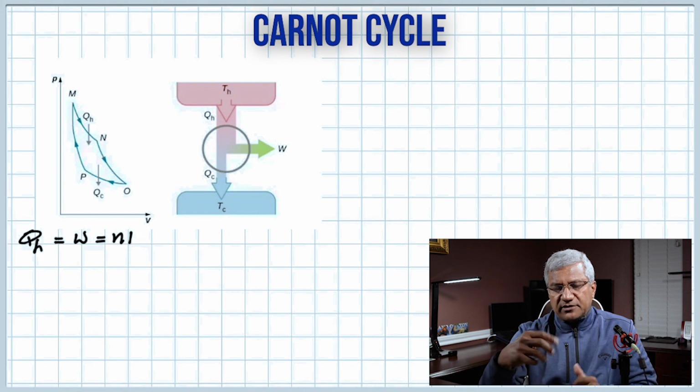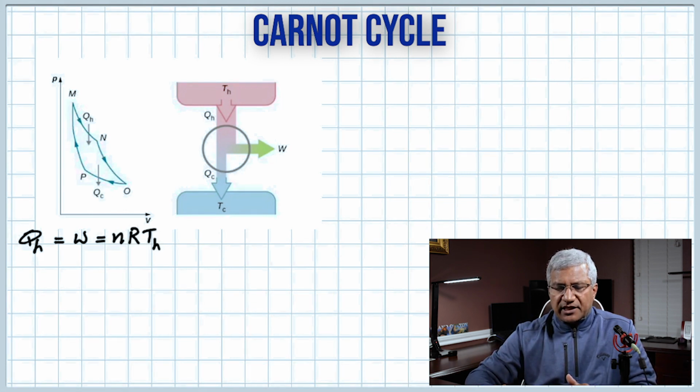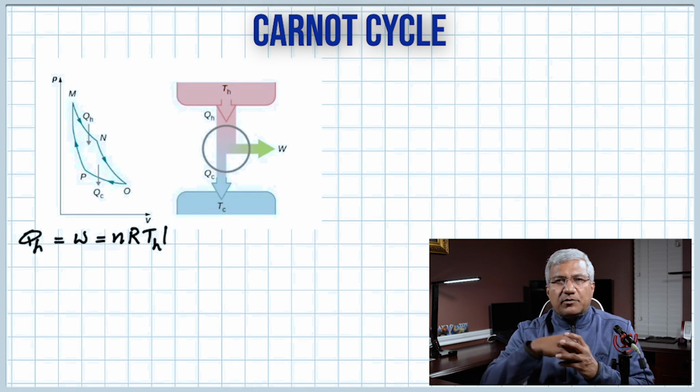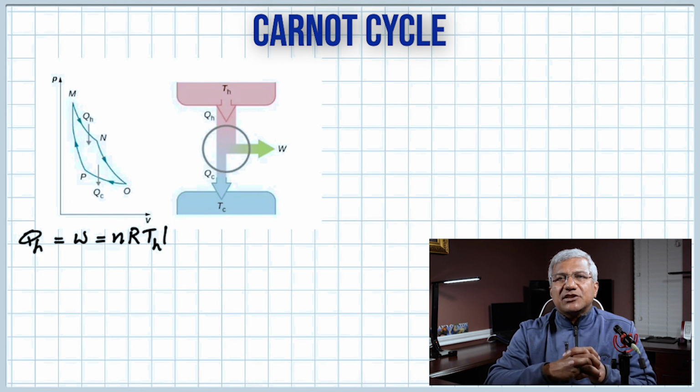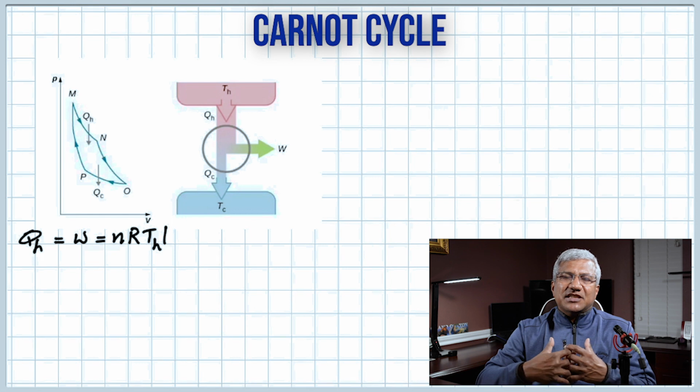So the work done in this case is the same as the heat absorbed. Why? Because there is no change in internal energy. Why isn't there a change in internal energy? Since this is an isothermal process, its temperature doesn't change, which means its internal energy doesn't change.